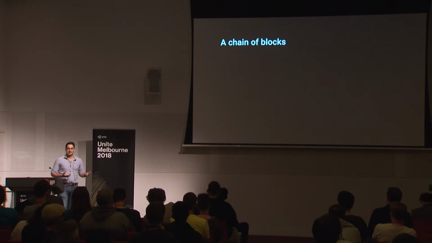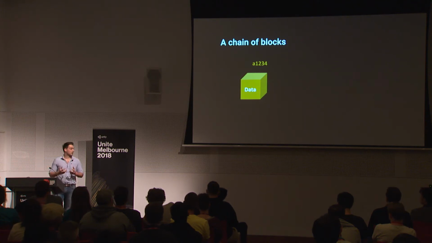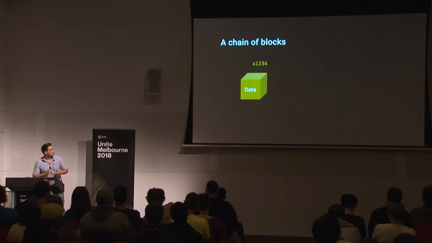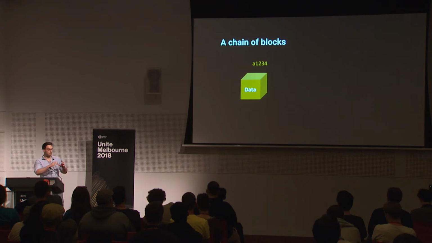So blockchain is exactly what it says on the tin. It's a chain of blocks. Each block is basically just a container full of some amount of data, which is a number of transactions that have been packaged together into this block. Each block in the chain has a hash, which is a unique fingerprint for that block, and is also dependent on that data.